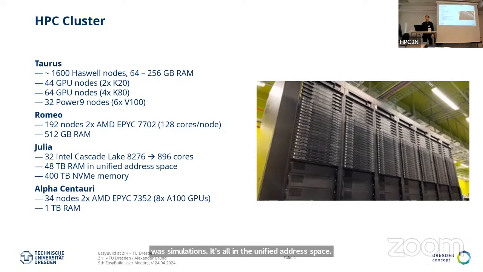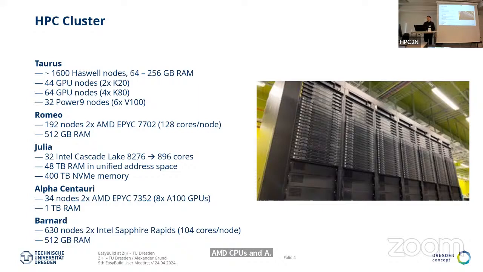And recently we started naming our cluster partitions after stars. So there's Alpha Centauri with the recent AMD CPUs and A100s. And a new CPU cluster using the Sapphire Rapids with also a considerable amount of nodes, and a good amount of main memory.